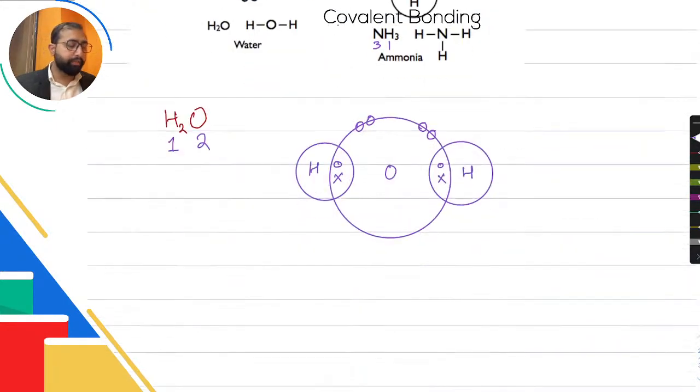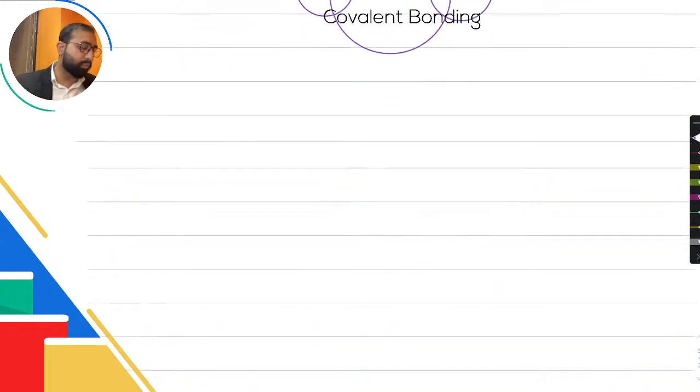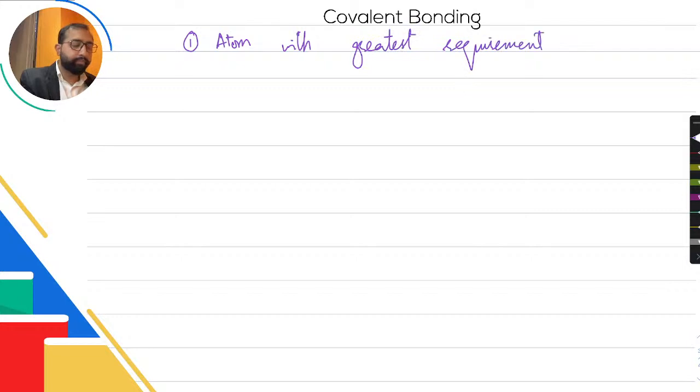So if you were to look for an algorithm, a method of making these diagrams, here's what you should do. Identify which one needs the most. So the atom with greatest requirement goes in the center. Okay.